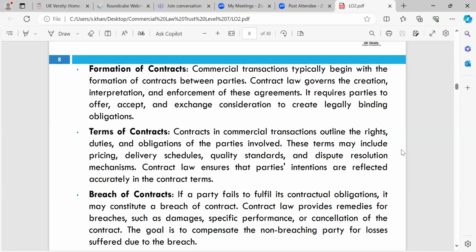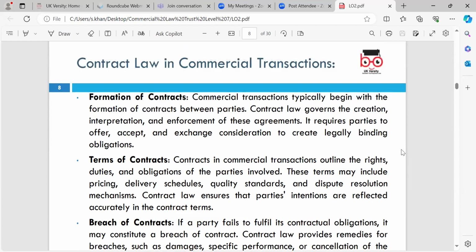Firstly, we're going to go through this in a little more detail: offer and acceptance, there must be consideration, there must be intention to be legally binding, and there must be certainty of terms. So those are the elements of the formation of a contract. Commercial transactions typically begin with the formation of a contract between parties.